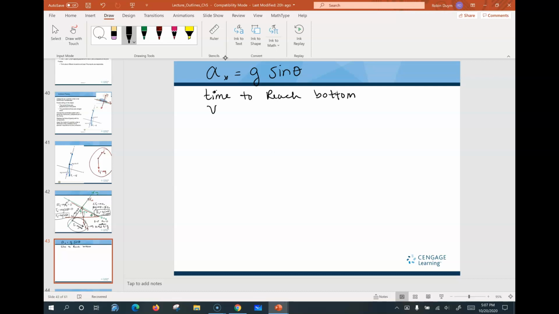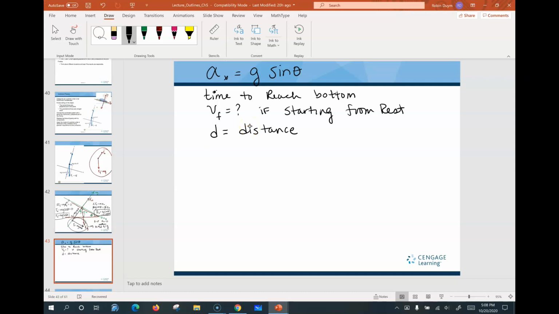We could ask for the final velocity if it starts from rest, as long as we were told, let's say, the distance down the ramp equals d.